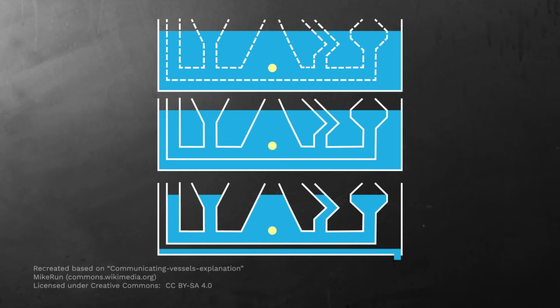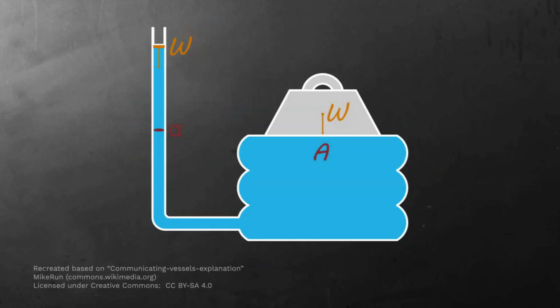This also leads to something that we call the hydrostatic paradox. This is an illustration of what we call the hydrostatic paradox. What we have here is a large sack of fluid, and it's supporting a heavy weight, capital W. And the way we're doing that is by connecting this to a tube. It's a small tube, but the tube has a lot of height.